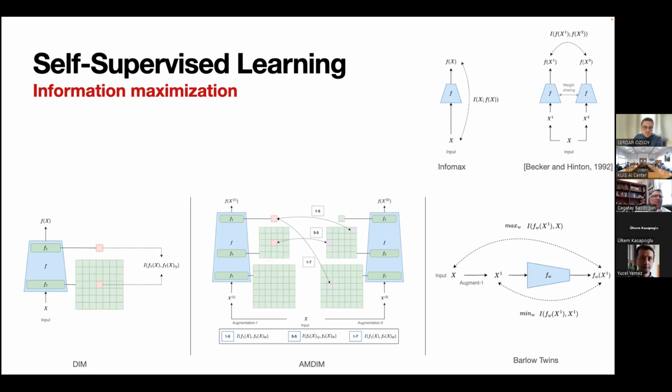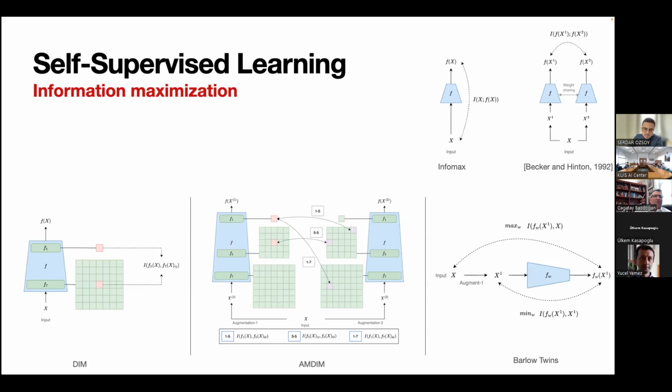In the Deep InfoMax method and the AMDIM method, augmented multiscale Deep InfoMax, they maximize the information between different levels of the representations. Differently, Barlow Twins uses an information bottleneck objective function.